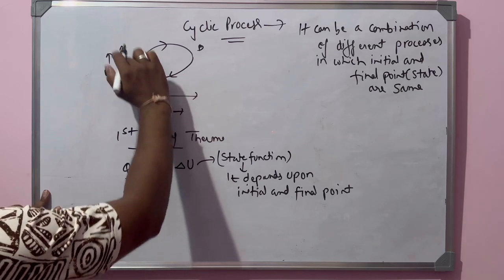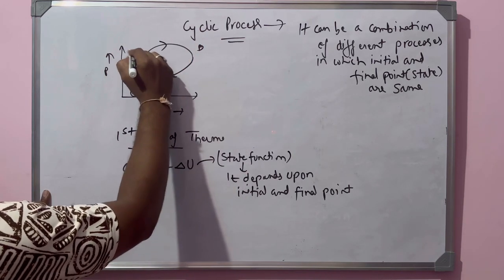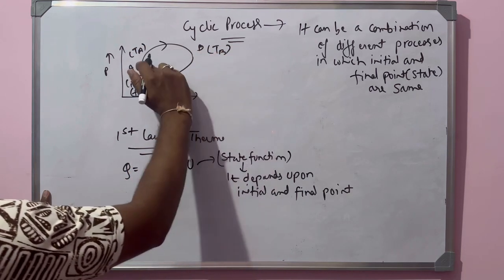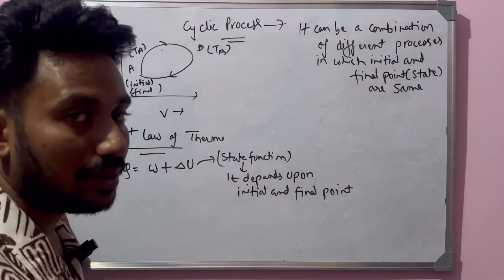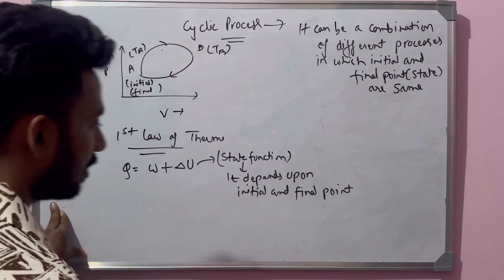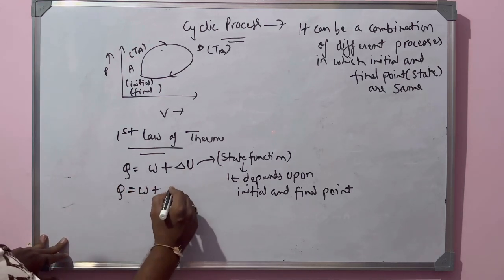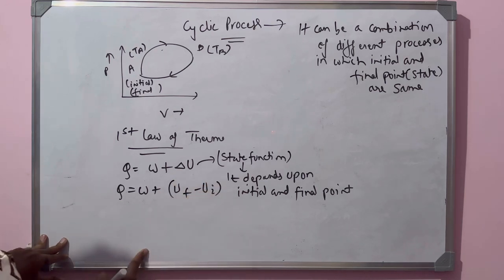Suppose I started from A, I went to B, then back to A. Suppose the temperature at point A was TA, and the temperature at point B was TB. So I started from A to B, then back to A, meaning my initial temperature and final temperature are going to be the same. So Q is work done plus delta U. Delta U is final internal energy minus initial internal energy.